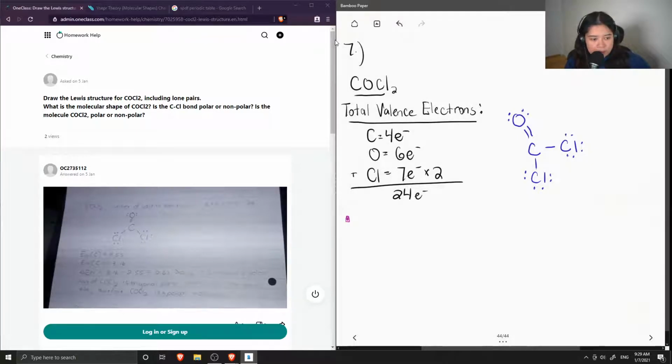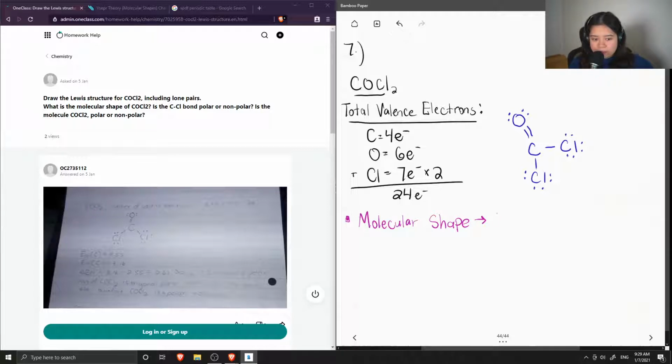So the next part of the question asks, what is the molecular shape of this molecule? To answer this question, we are going to use VSEPR theory, and we look at our central atom, which is the carbon, and count how many lone pairs carbon has.